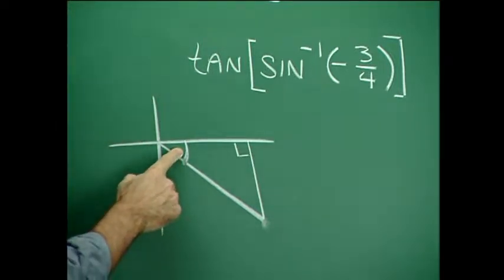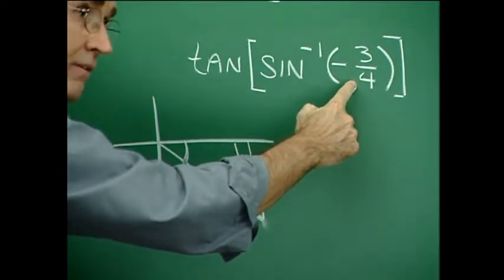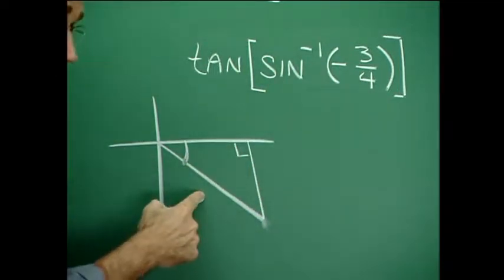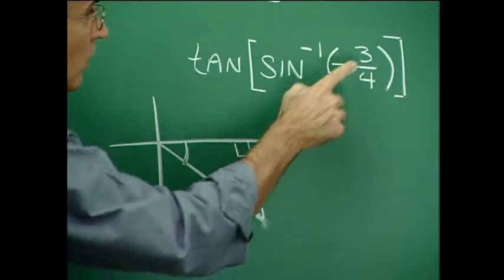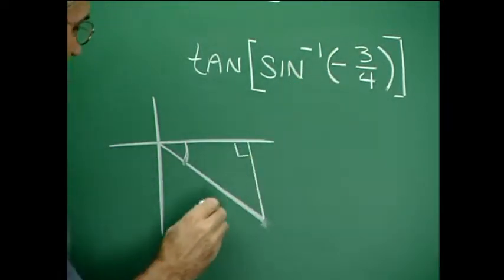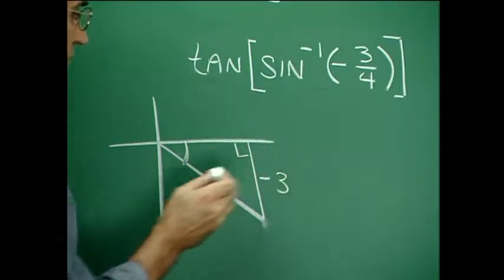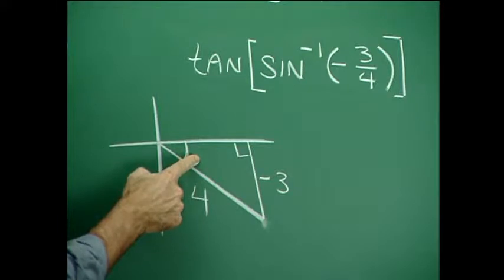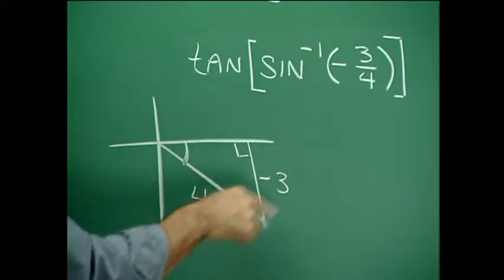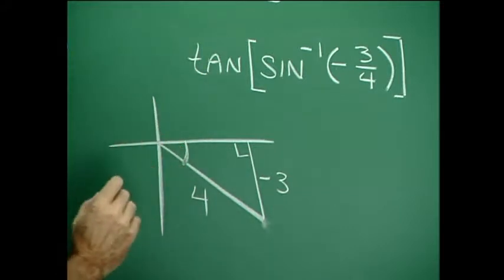Now -3/4, one of either the numerator or denominator is negative, but we know that the hypotenuse is always positive. And so in this opposite over hypotenuse idea, the hypotenuse is positive, so the opposite side is -3, the opposite side from the perspective of this angle. Okay, now we have two sides. We just figure the third side, and then we can calculate the tangent of the angle. All right, let's do that.